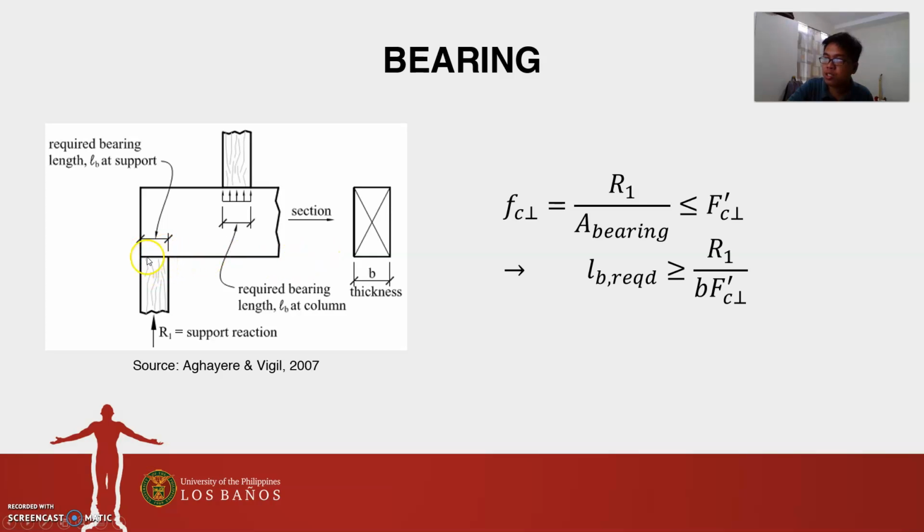So it's just the thickness B times the length of bearing. That would be the bearing area, and then we can get the stress. Or if we are looking for the bearing length, we just have to transpose the quantity, so R over B times Fc prime perpendicular.